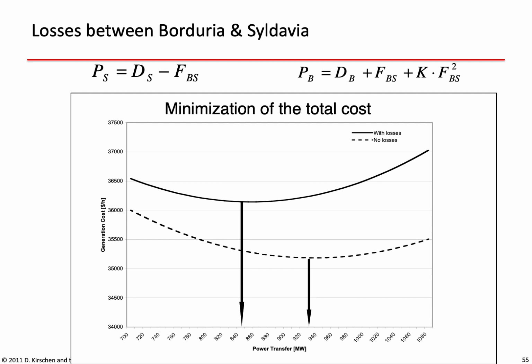That's a flow that would result in a market equilibrium when we neglected losses, and that was the minimum generation cost. When we include the losses, we see that this minimum occurs for about 848 megawatts, and that's due to the impact of the losses that increase the cost of producing power in Borduria.